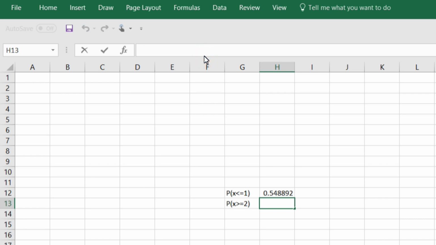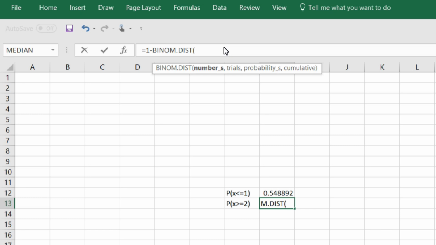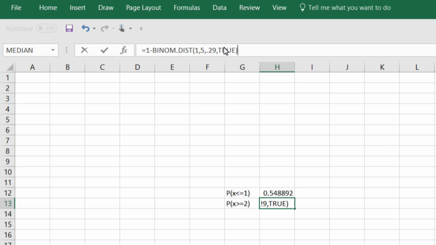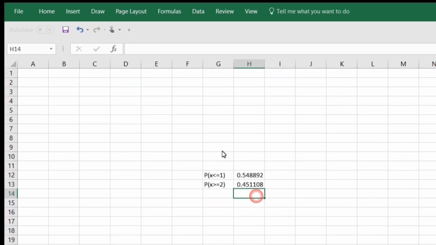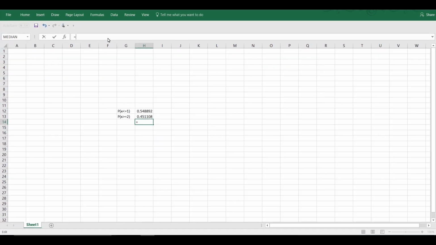So I can either do 1 minus that cell, which is H12, or I could type it in like this, equal to 1 minus Binom.DIST, open parentheses, and now I type in the same thing, 1, comma, n was 5, comma, 0.29, comma, true, end of parentheses, and I get 0.451108.